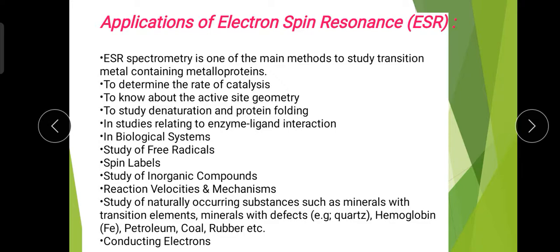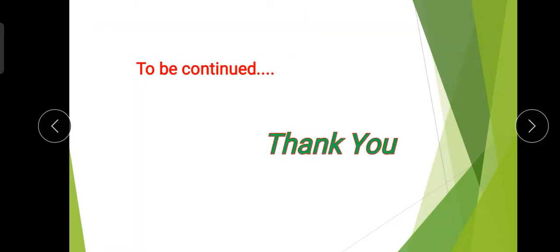Now, conducting electrons: for the study of conducting electrons, we also use ESR spectroscopy. So in this way, ESR spectroscopy is used in different ways for different applications. These are all the different applications of ESR spectroscopy.